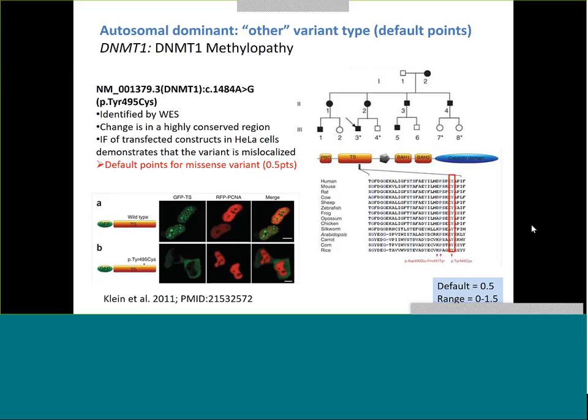Yeah, I agree. I don't think I would ever use a pedigree to upgrade a variant score. Right. Just double counting. So, Jonathan, are you saying that you could imagine a case in which you would give a variant points for segregation, but also give it, and let's say it doesn't have any functional evidence supporting it, you would give the variant less than the default, but also still count the segregation points separately?